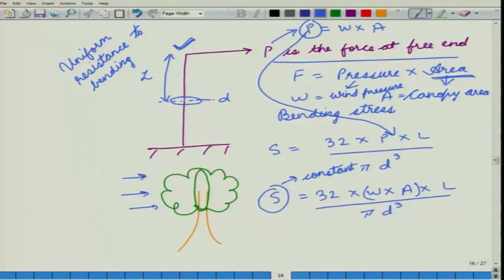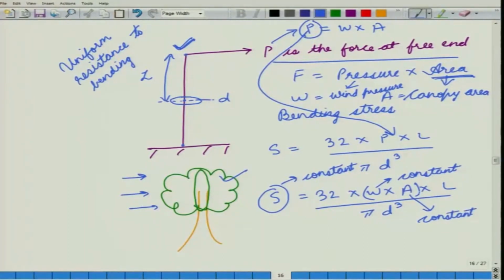So, essentially the stress that the beam is experiencing at this point, at this point, or at this point are all the same. Now, S is a constant, W is the wind pressure at that particular area, so this is also a constant. A is the canopy area. Now, the area of the canopy is not going to change suddenly, so A is also a constant.